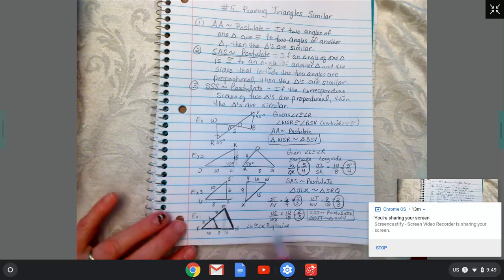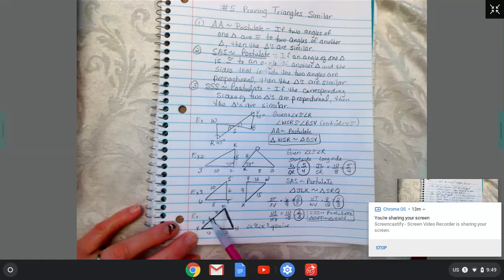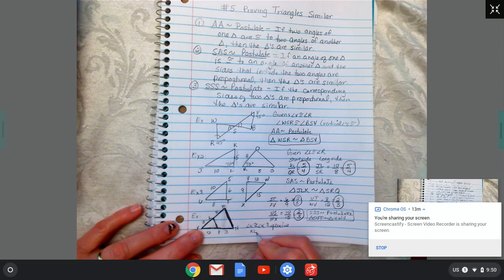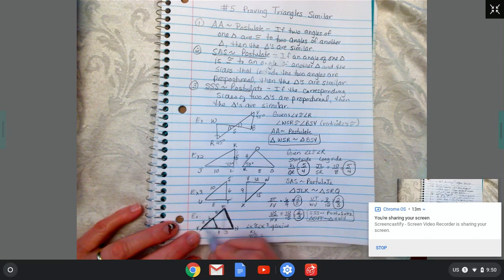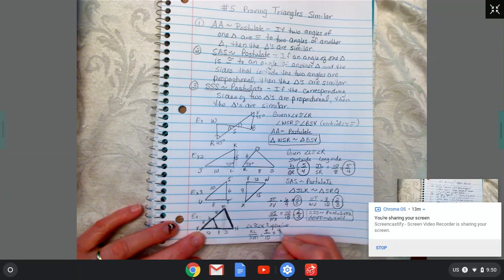Then we need to compare the sides. I have a little triangle and a big one. This side KL goes with this whole big side, so KL goes with KM. I have 8 on this side, and then the whole thing is 10. And 8/10 reduces to 4/5.